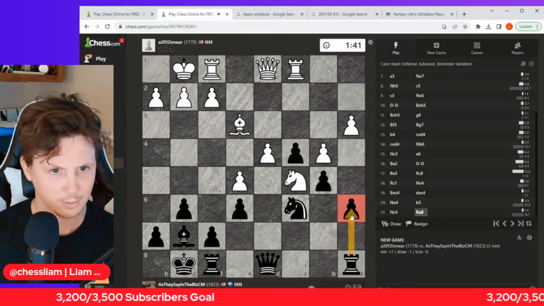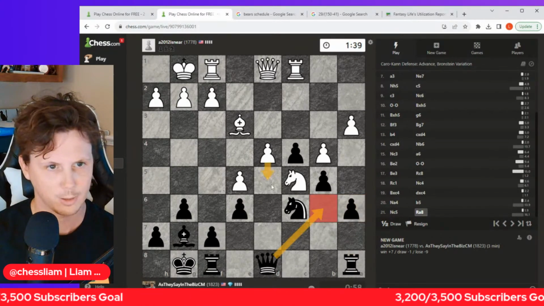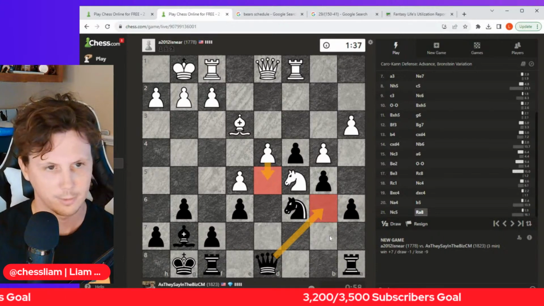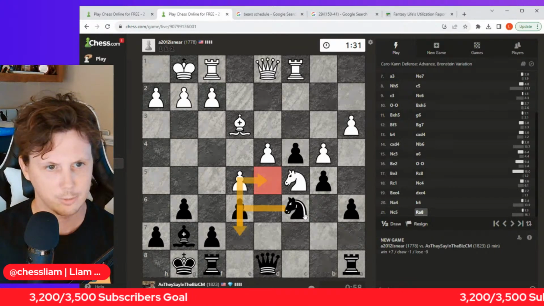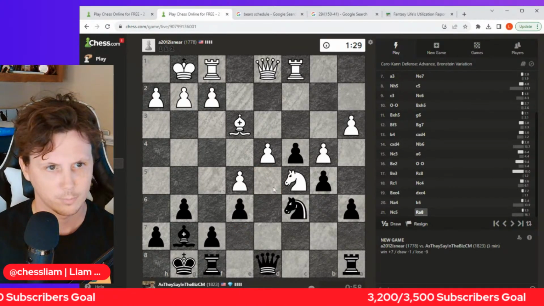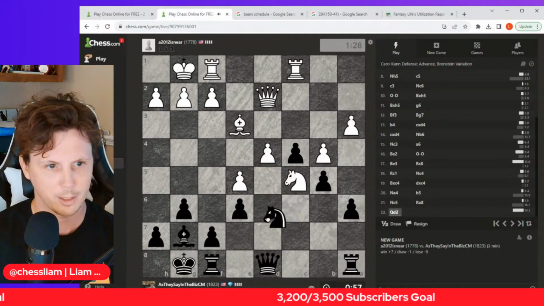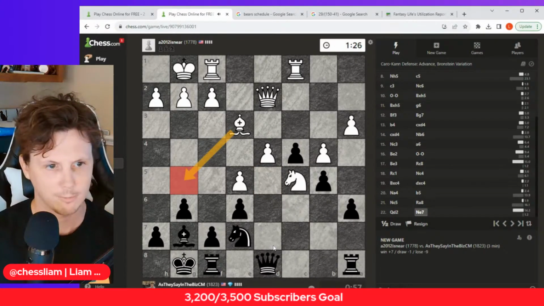Okay, we have to come back and defend like this. Queen here runs into d5. Knight here seems good. Nice outpost square for my knight. This allowed him to pin my knight. Not ideal.